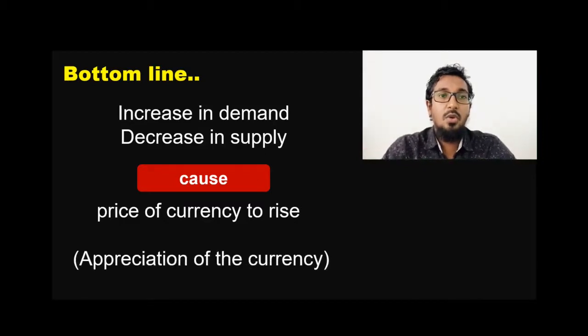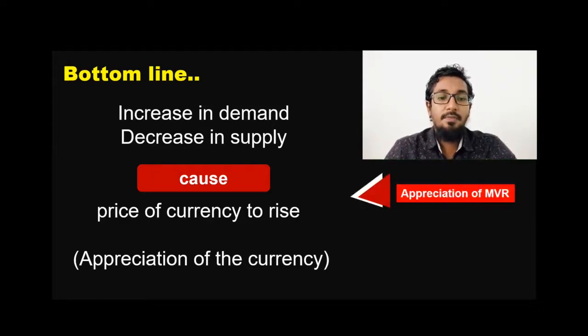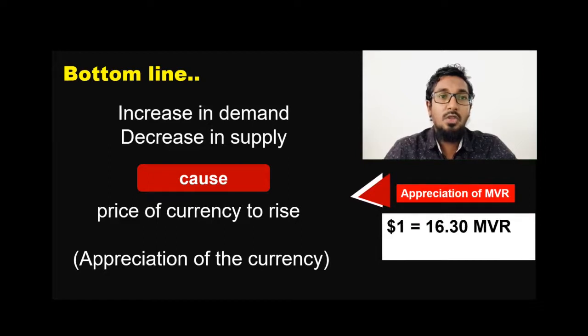So let me make it simple by showing a numerical example. Initially, $1 is equal to 16.30. These are not the real figures, the real exchange rate, but in order to make you understand I am using some random figures. Now with the change, $1 costs 15.42.